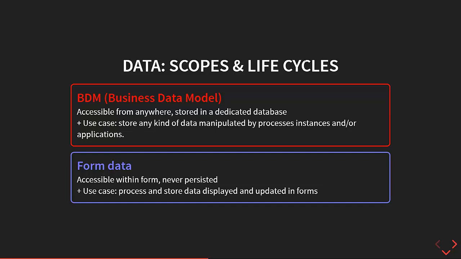The other kind of data we have are the form data. Form data are the ones that are actually available in the web browser of the user. When you have this web interface, it will use the form data to save the data the user creates until the user clicks on the submit button of the form, and then we send the data from the web browser to the engine, and usually to the Bonita business data model, in order for the data to be saved.